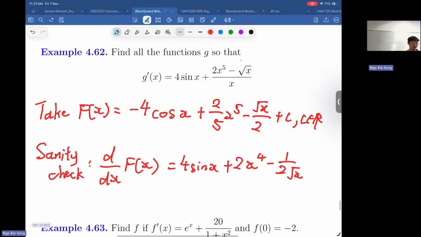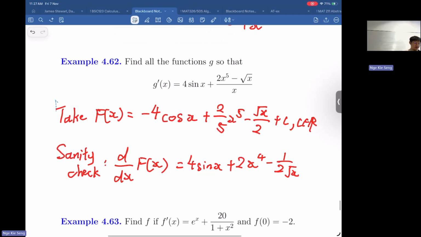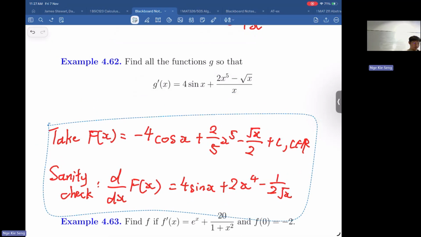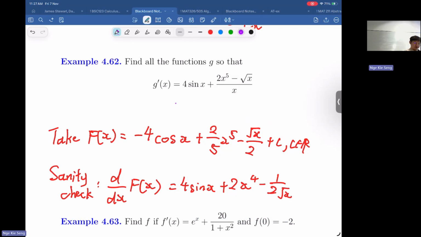Does this match up or not? Maybe not very clear yet, so let's simplify our g prime x: 4 sine x plus 2x to the 4 minus 1 over square root x. Oh, there's a half coming up.